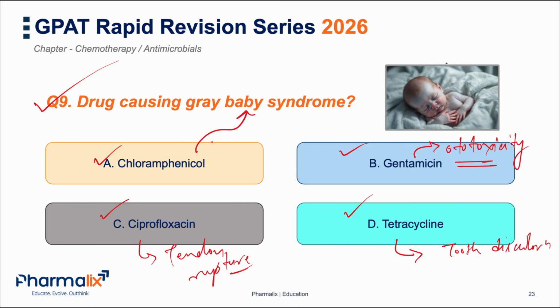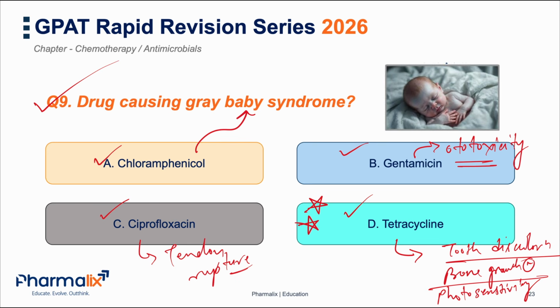Okay. And if we talk about tetracycline, after this, I think the most important would be tetracycline. I'll put a double star here. This usually has tooth discoloration and also bone growth inhibition, and along with that, sometimes it also shows photosensitivity.